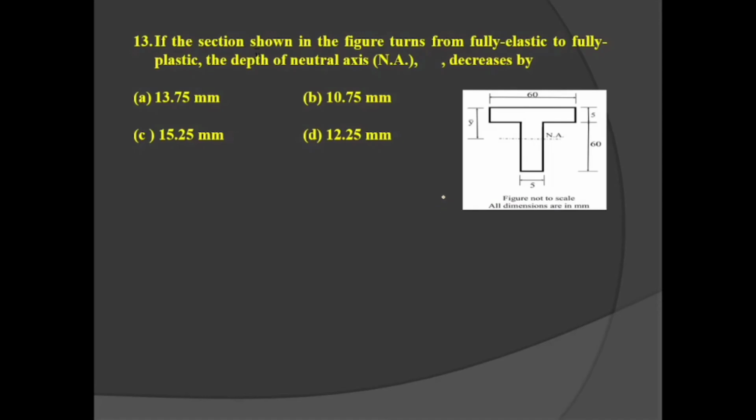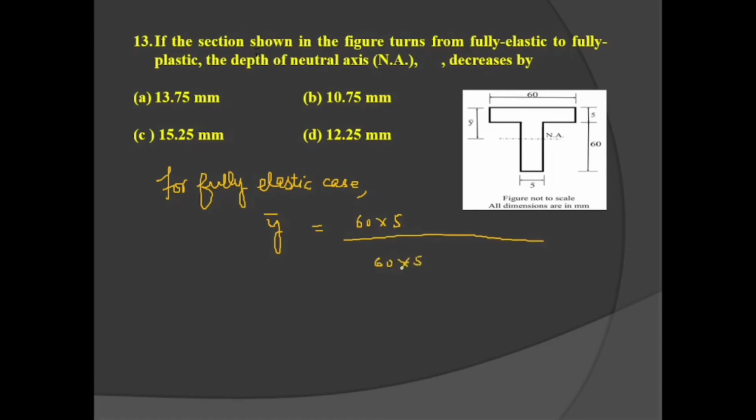We apply Varignon's theorem: y bar equals (a1y1 plus a2y2) divided by (a1 plus a2). a1 is 60 into 5 for the top fiber and a2 is 60 into 5 for the bottom fiber; for a1, y1 is 5 by 2, plus 60 into 5 into y2, which is 5 plus 60 by 2. After calculation I found the value equals 18.75 mm.